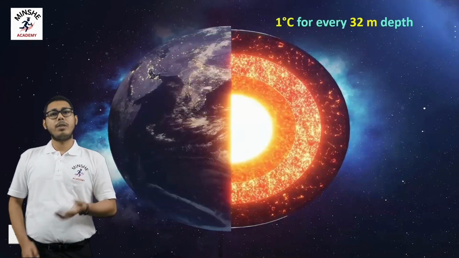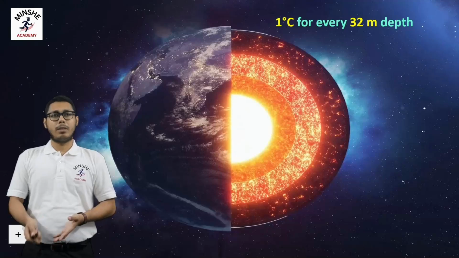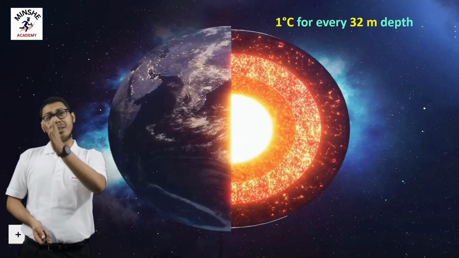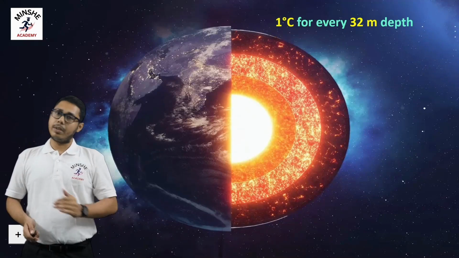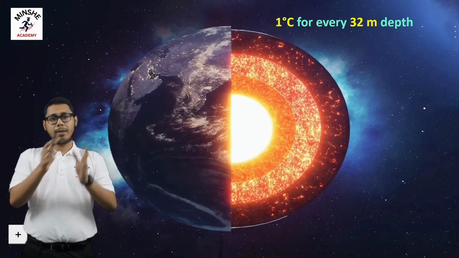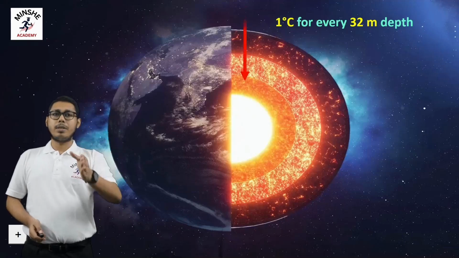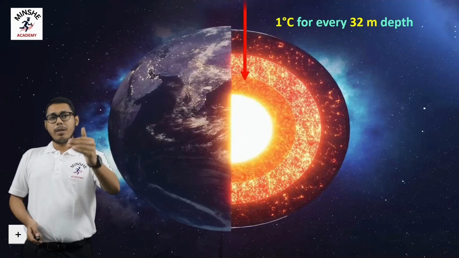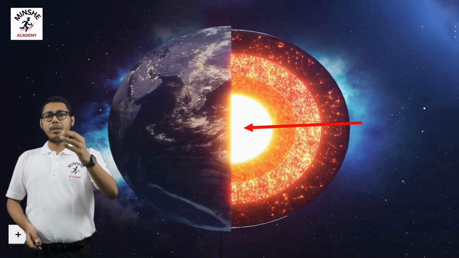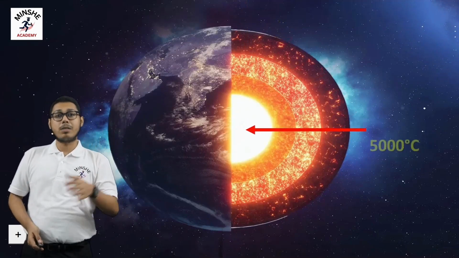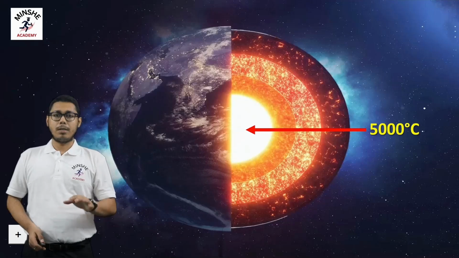Now here you can see, for every increase of 1 degree Celsius, there is a 32 meter depth. As I have already explained, as it is increasing, as you have seen there also, the inner core of the Earth has approximately 5000 degrees Celsius temperature.